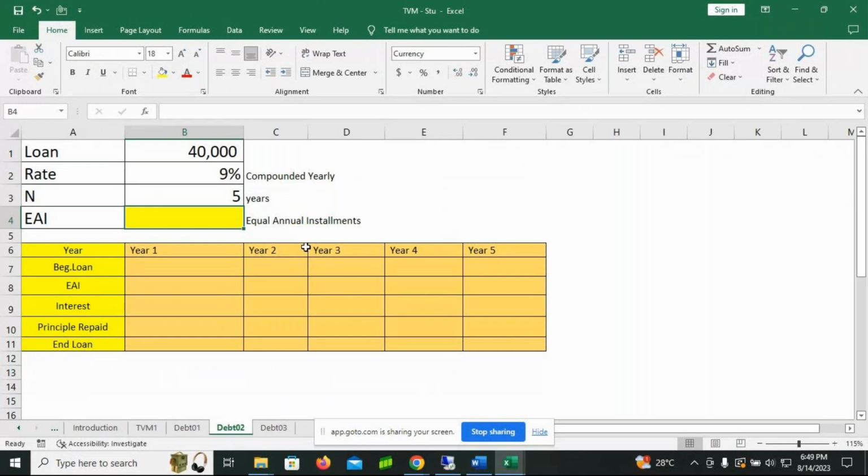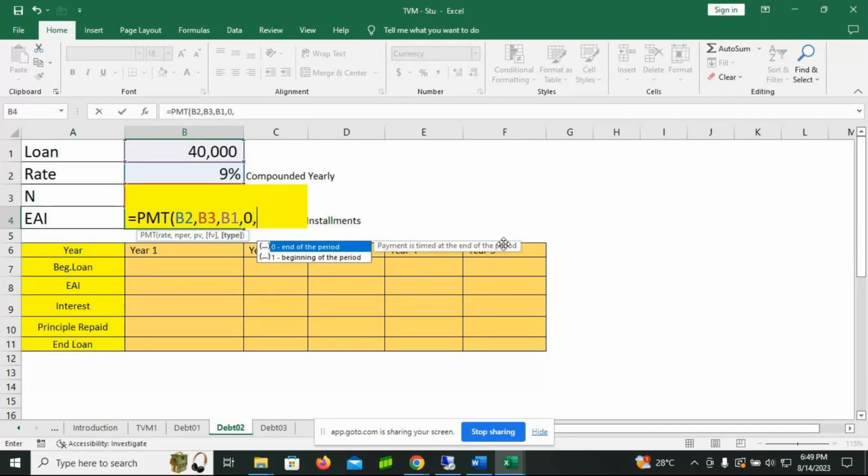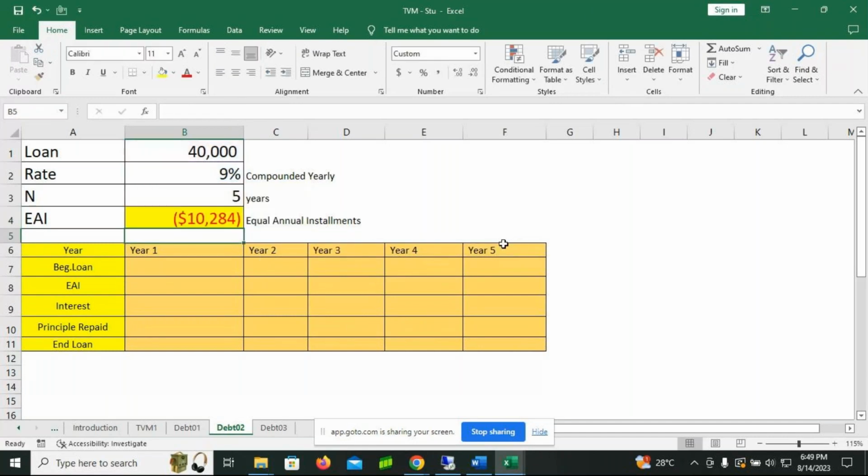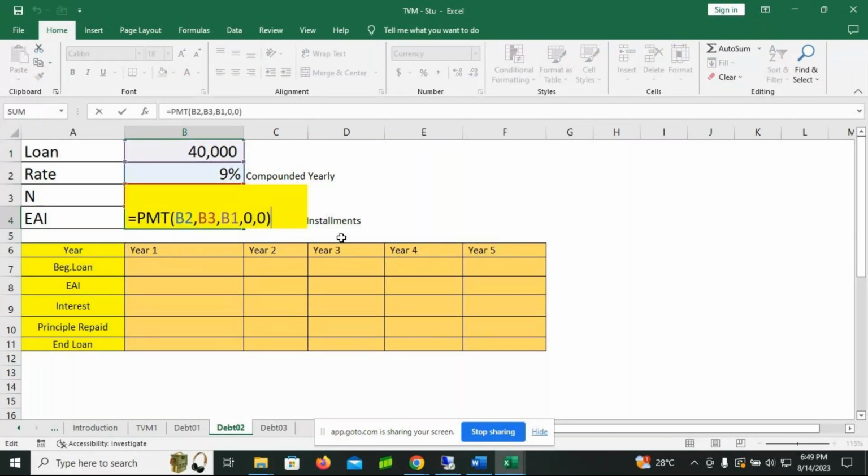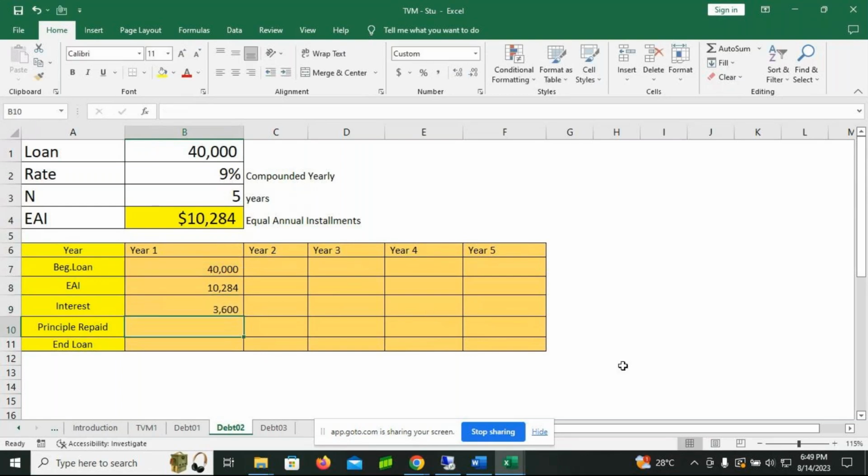So here also equal annual installment is equal to PMT, open the parenthesis, rate, comma, N per, comma, 0 and 0, end of the period, enter. So here I will just put a minus sign before the beginning of the loan, 40,000. EMI, I'm going to take this value, interest equals 40,000 into 9%.